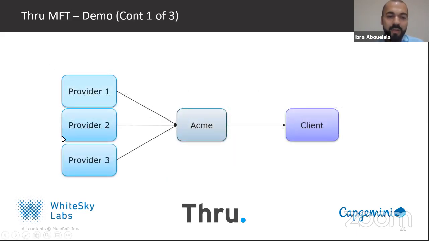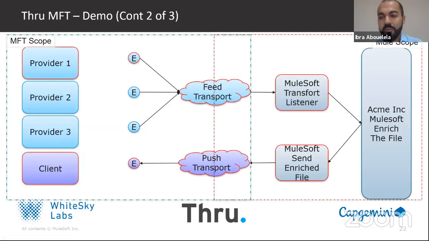So again, we have providers sending data to Acme, and Acme sending the consolidated or enriched data to consumers. Through MFT entities, it will look something very similar to that.